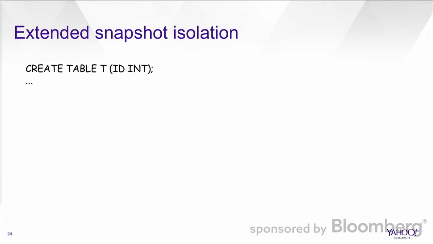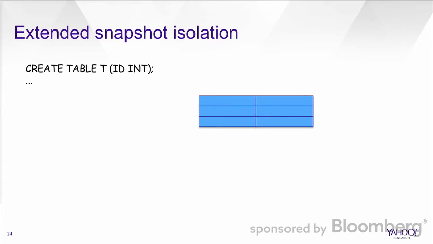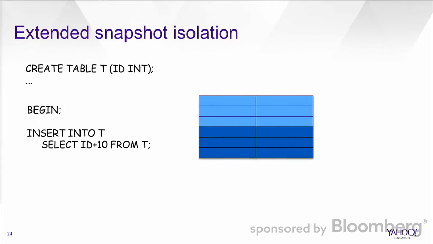And what happens if we have the following case: we are creating a table, then adding entries to this table, these light blue ones. But then I want to start a transaction, and I want to insert into my table every element that is in the table, but increase the ID plus 10. Actually duplicating the number of entries in the table, something like that.